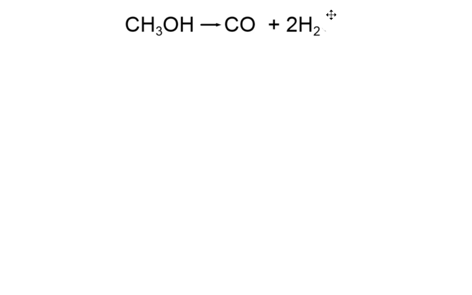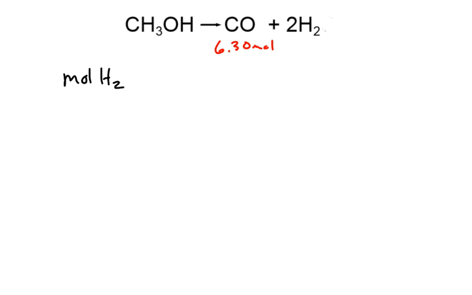The reaction mixture contains 6.3 moles of CO at equilibrium. Calculate the number of moles of H2. So I want moles of H2. What it told me is that I have 6.30 moles of that.